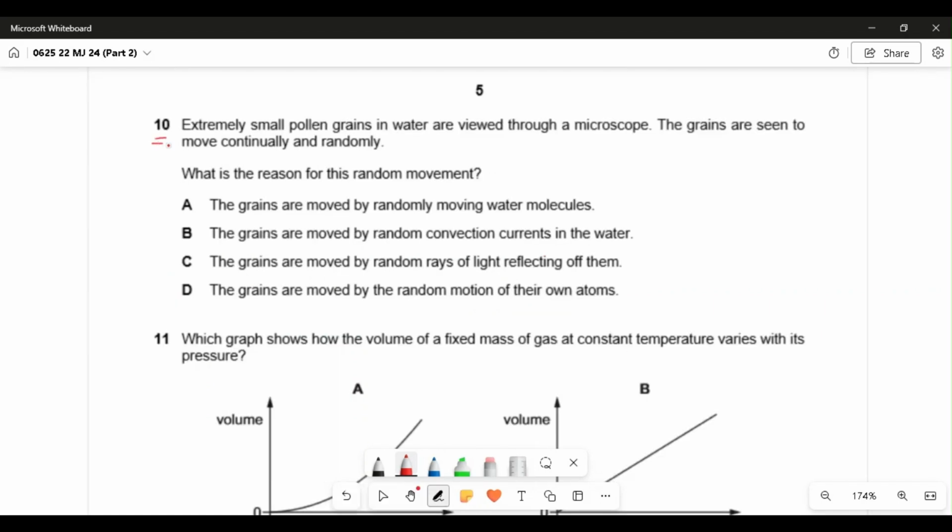Question number 10. Extremely small pollen grains in water are viewed through a microscope. The grains are seen to move gradually and randomly. We name this motion Brownian motion.